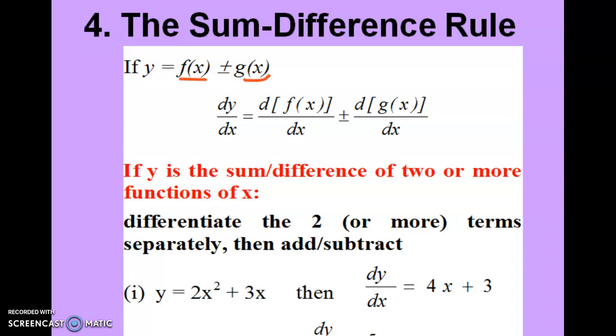What you do is you differentiate f of x with respect to x and add or subtract the derivative of g of x with respect to x. This is your y. So it is dy dx, or you can think of it, let me just write just behind that one, d dx.